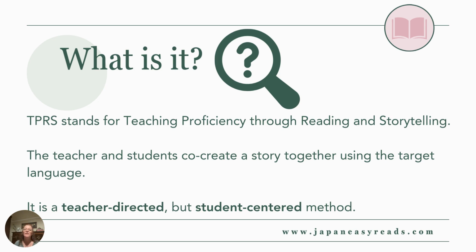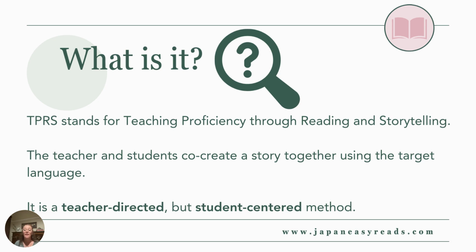So TPRS is teacher directed but student centered. And what that means is that the teacher is providing the input, making sure that it is very comprehensible, asking questions, asking for suggestions to add to the story, but the details and the flow of the story is decided by the students.